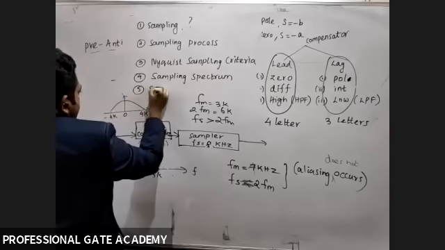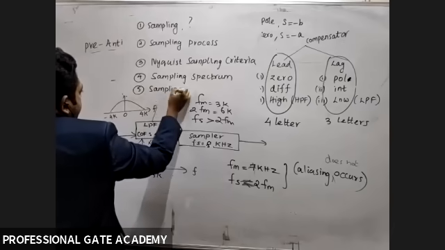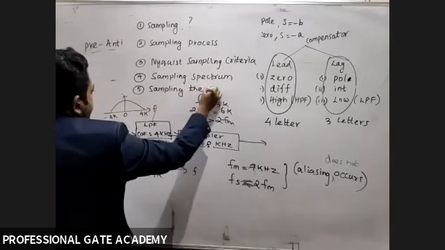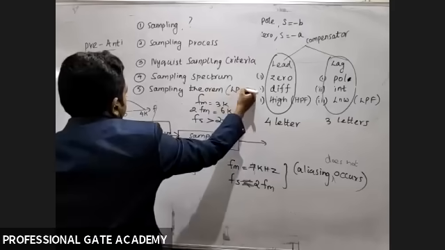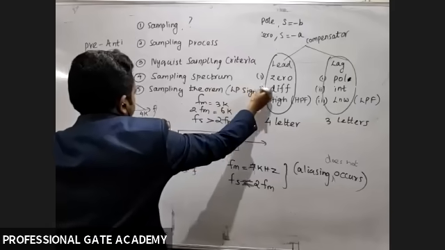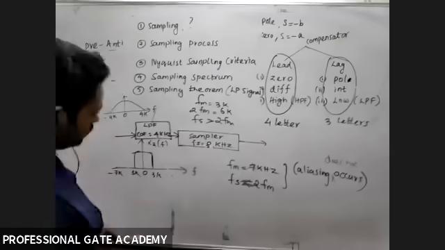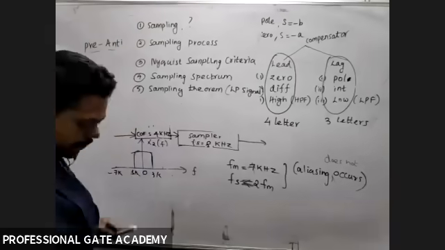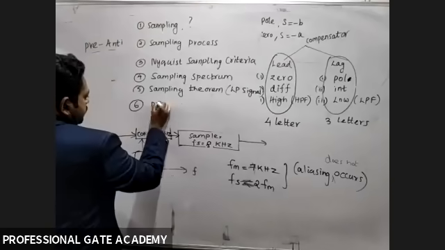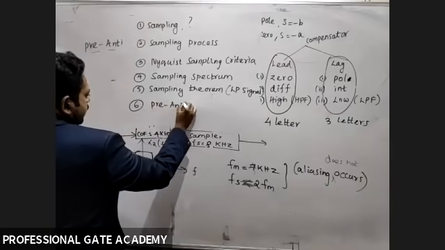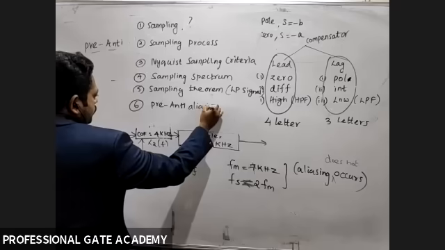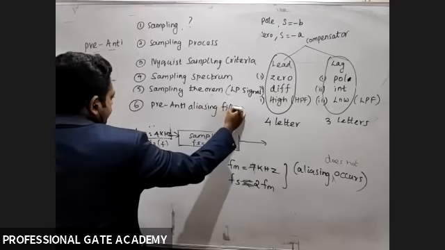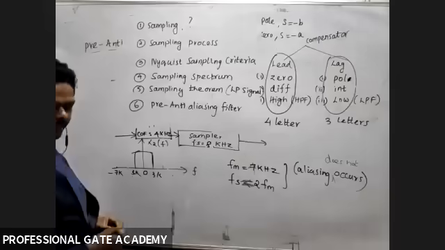Fifth, sampling theorem for low pass signal. This sampling theorem is only for low pass signals. Sixth, the concept of pre-anti-aliasing filter. Yes, these 6 topics we completed in this session.